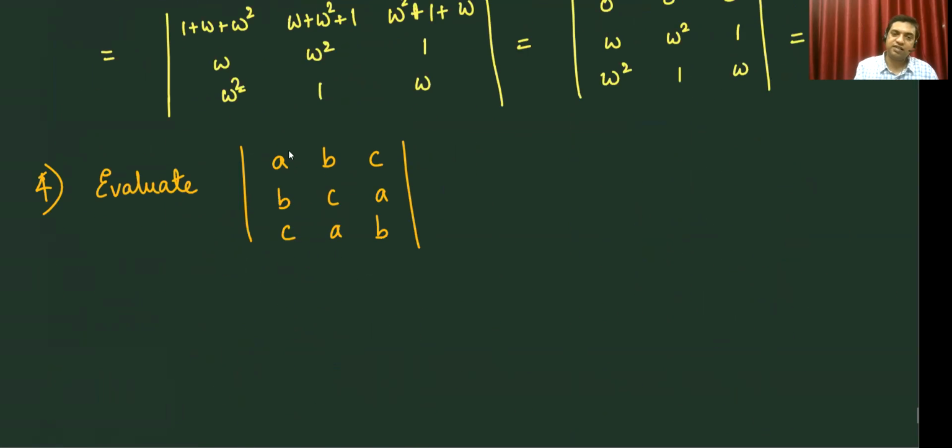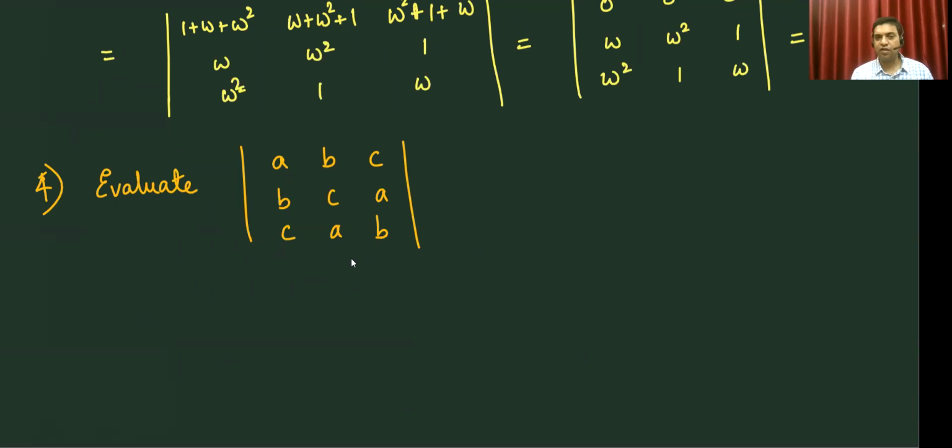Okay, evaluate this. See, this is a determinant with cyclic coefficients or cyclic elements: ABC, BCA, CAB. So how do we do? Look at this, how to simplify in an easy manner. One method is directly evaluate about first row or first column and solve.